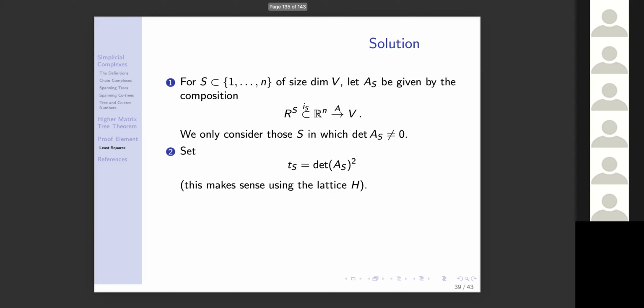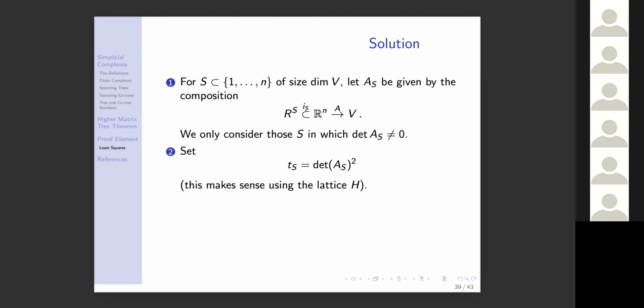Okay, so then what am I saying? Yeah, no, I'm wrong here. Let me backtrack. The determinant of A sub S is not well defined, but its square is well defined. If you have a lattice, it turns out that the determinant is only well defined up to a sign. And so we can square the determinant, and that is well defined.